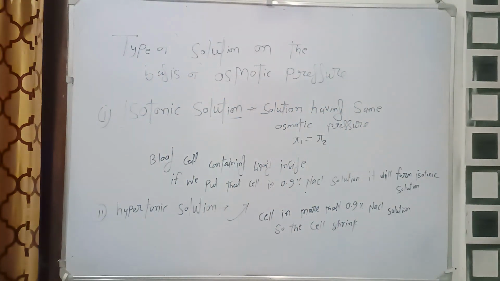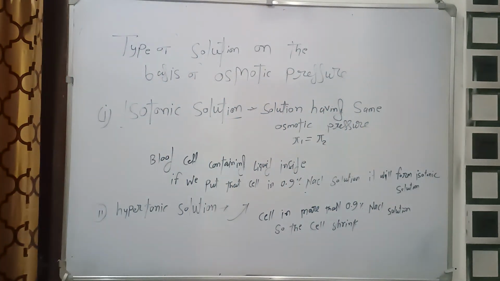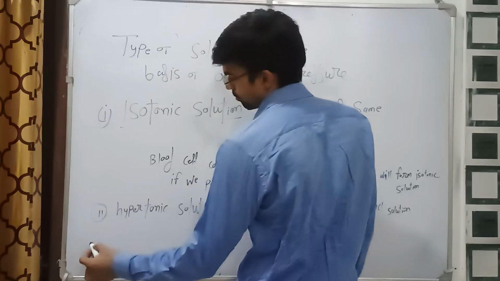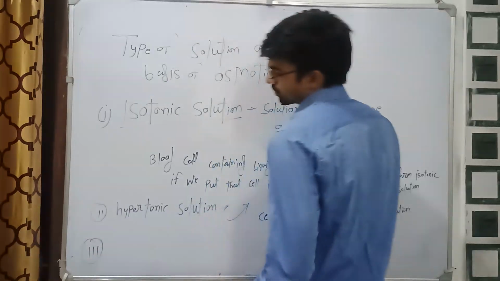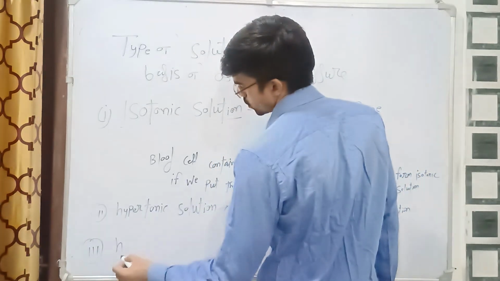So there the osmosis will take place and the solvent molecules will move toward the NaCl solution. So the cell will shrink. And the third type of solution is hypotonic.